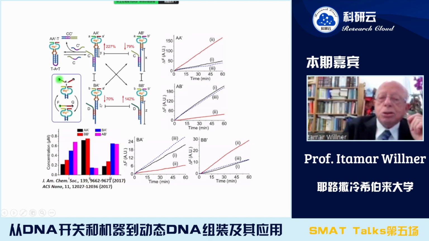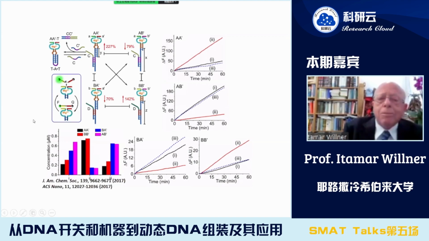Each of these constituents is conjugated to a DNA enzyme. And in this case, it is a magnesium-dependent DNA enzyme. This magnesium-dependent DNA enzyme acts as a transducer to tell us the content of the component in the equilibrated mixture.